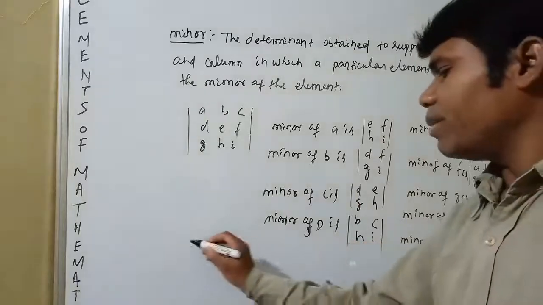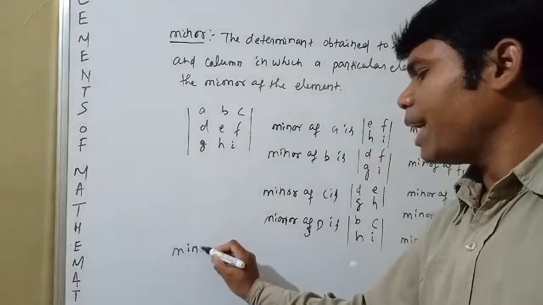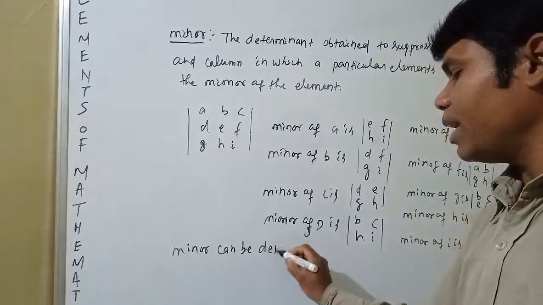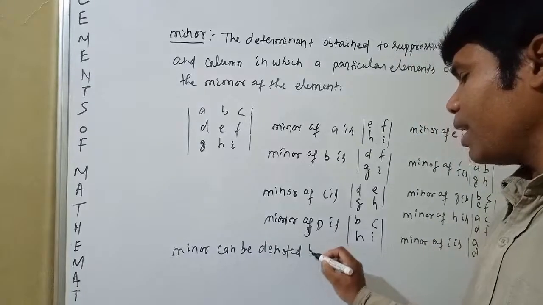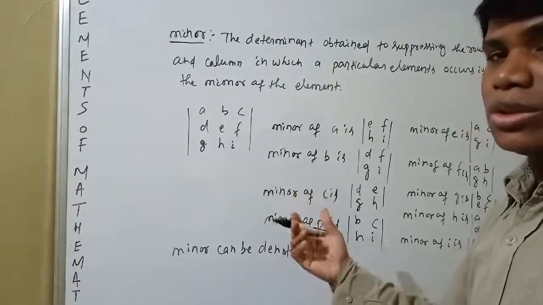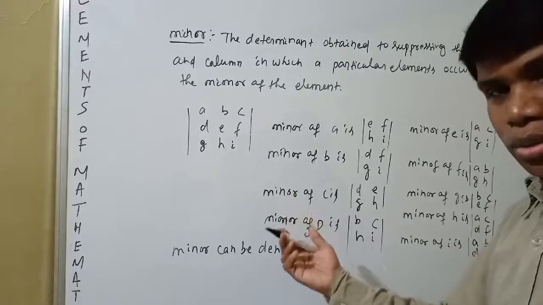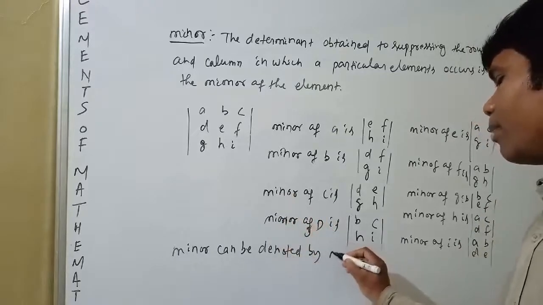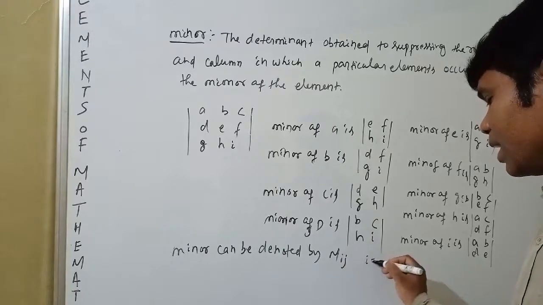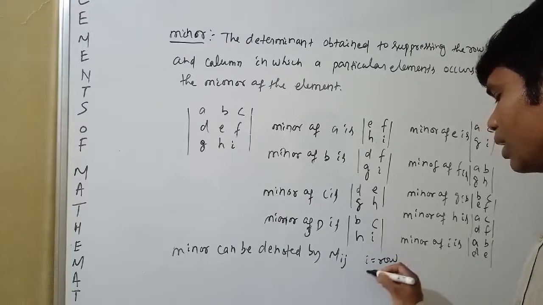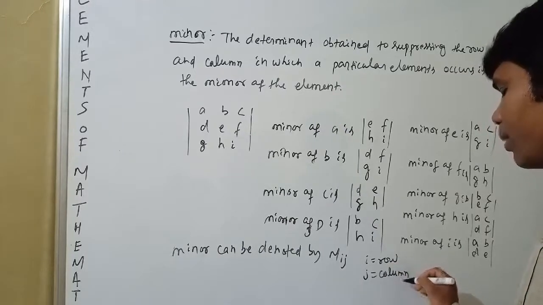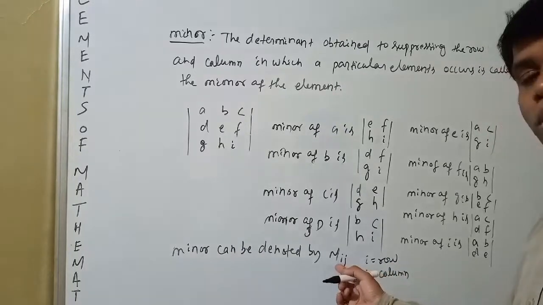Minor can be denoted by Mij. Denote means to point out. What is ij? i is the row, j is the column. Understood my point? Always the row will come first, then the column.